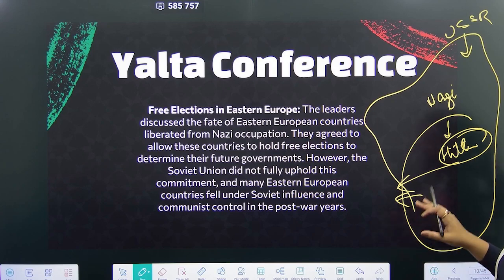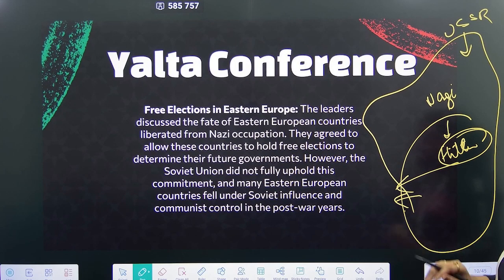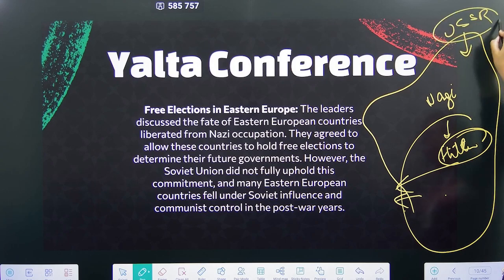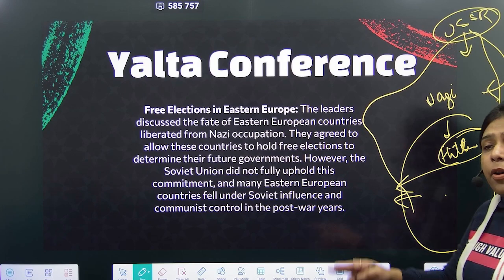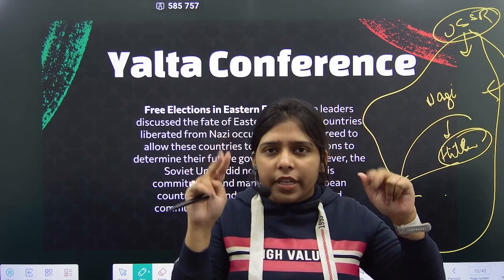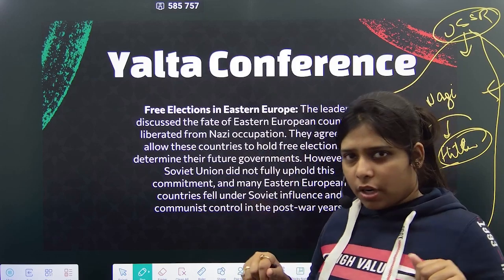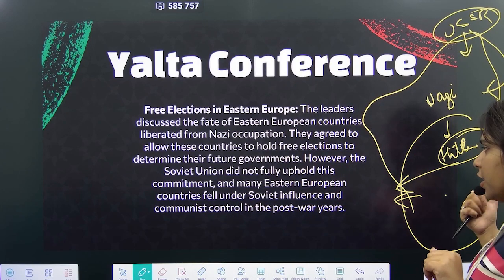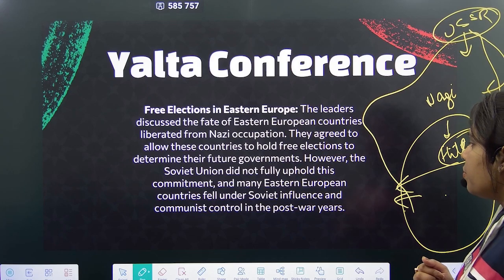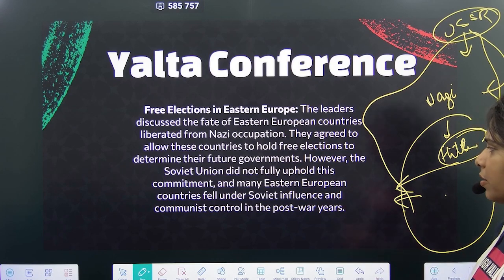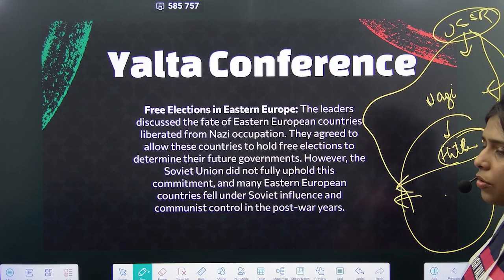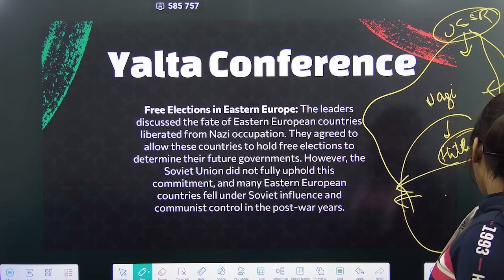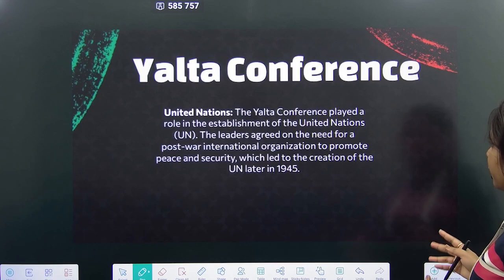Okay, so elections were allowed over here, but since the Soviets slowly took control of these areas, they did not fully uphold the commitment that we're going to hold free elections. This term free was compromised in Eastern Europe. We'll discuss that once again in a few minutes. Okay, so a lot of countries fell under Soviet influence and communist control. So the USSR did not let everything be done particularly freely.